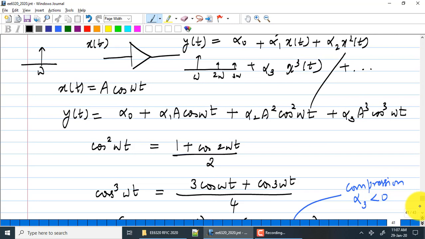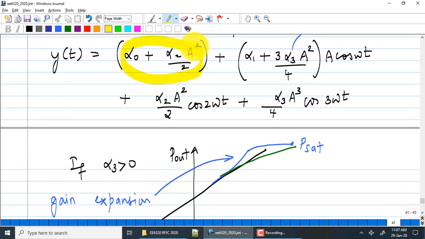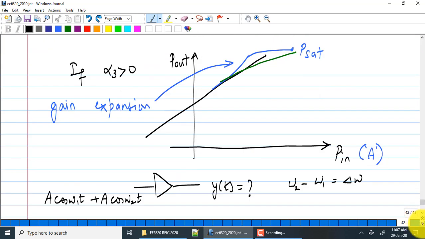Okay, so if the system were nonlinear, if you put in omega, you'll get 2 omega, 3 omega, etc. Apart from this, we found out that the DC, fundamental, etc. terms were changed by the higher order nonlinearities, right? Okay. So in today's class, we will figure out what happens when you put in two tones.